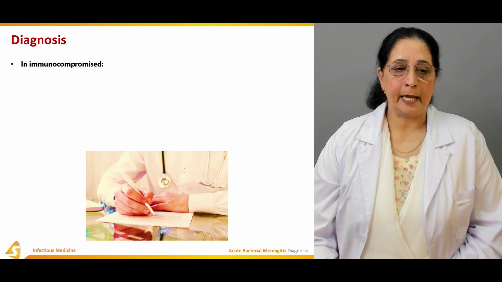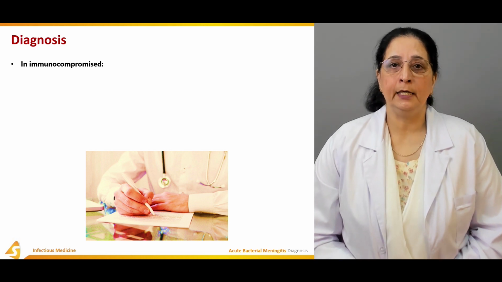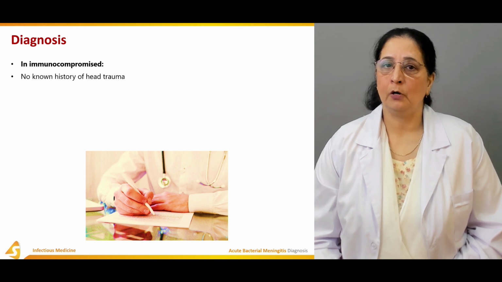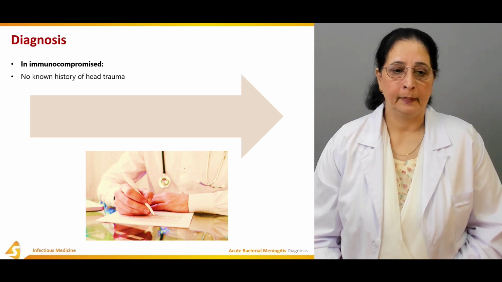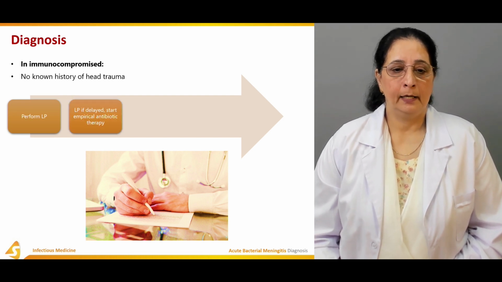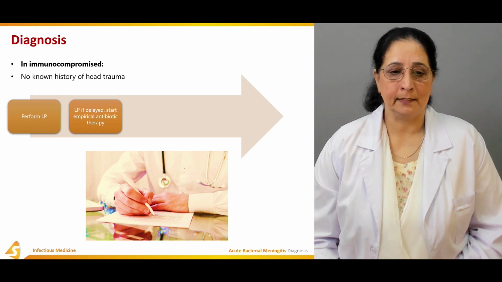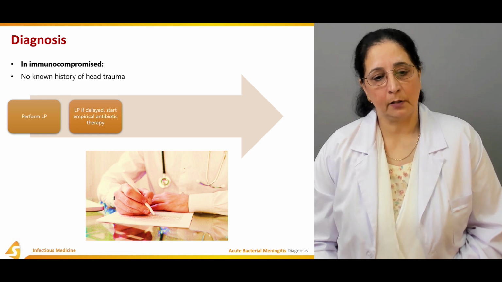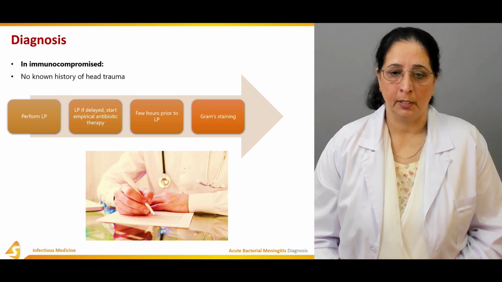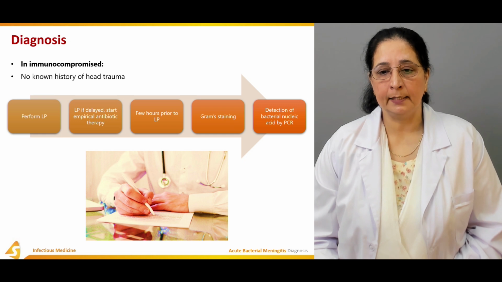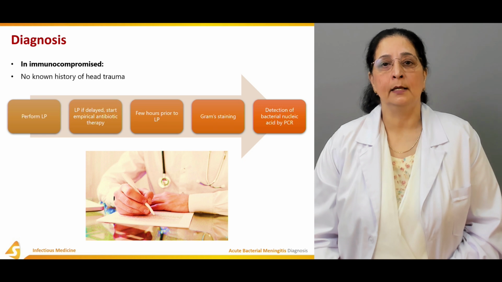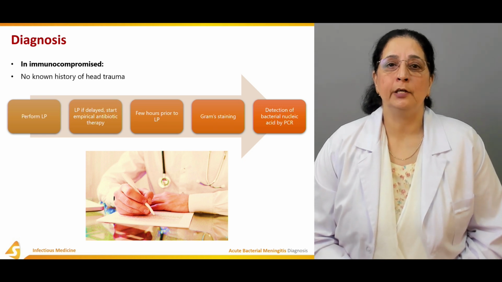Next, the diagnosis, especially in the immunocompromised patient with no known history of head trauma: perform lumbar puncture. If lumbar puncture is delayed, start empirical antibiotic therapy a few hours prior to lumbar puncture. Then Gram staining and the detection of bacterial nucleic acid by polymerase chain reaction.